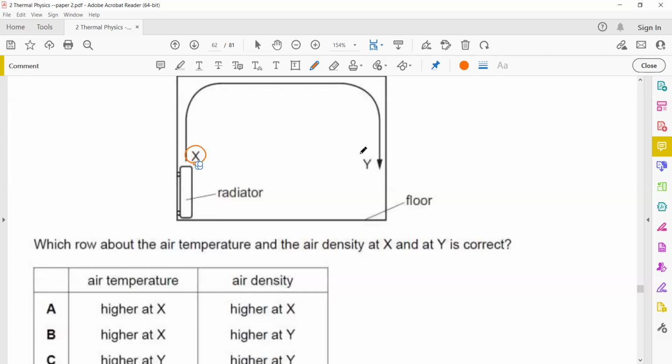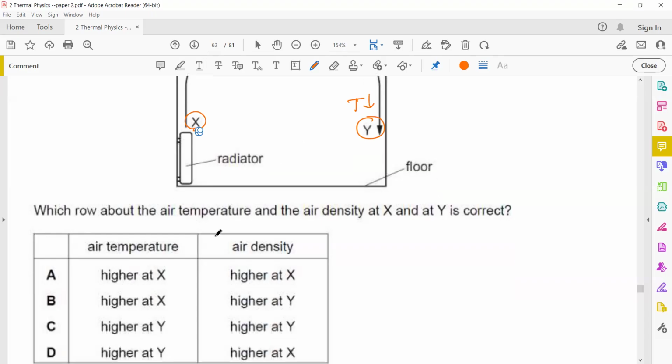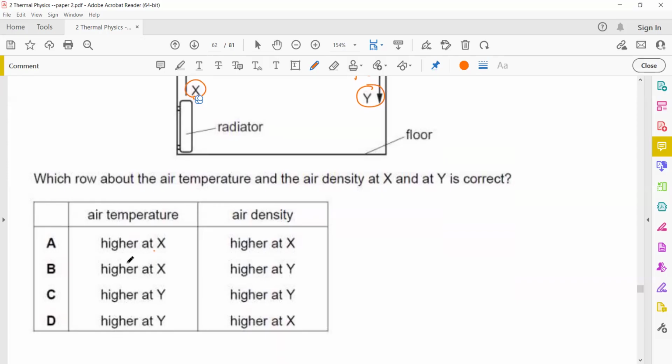And the density of air at Y is higher also because the temperature is less, because this area is far from the radiator. So the temperature is higher at X and the air density is higher at Y. So we will choose B.